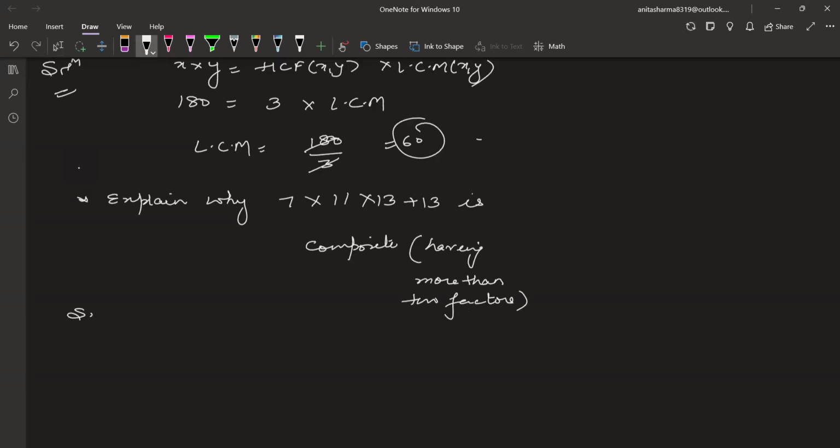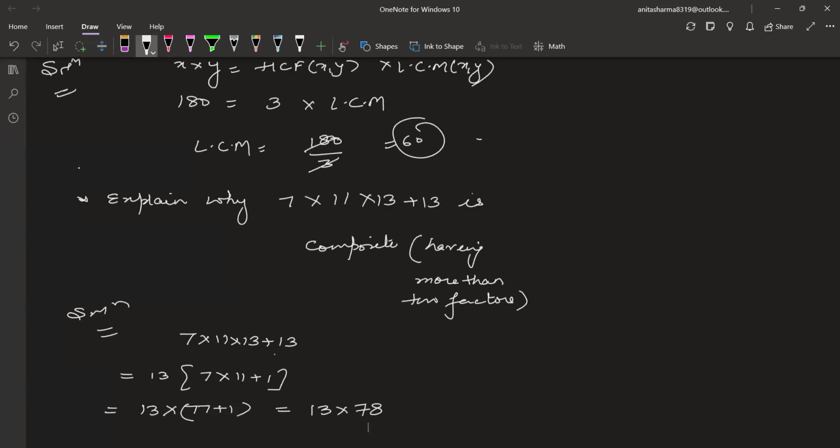So see, you have been given this question like this. You will write 7 into 11 into 13 plus 13. So we can do one thing, children: we will take 13 common. So it will be 13 into 7 into 11 plus 1. So 13 into 77 plus 1, and 13 into 78. Am I clear, children?